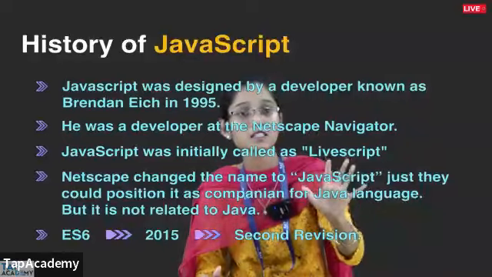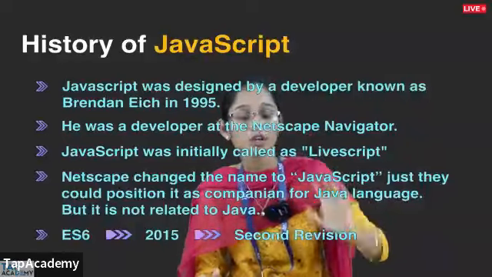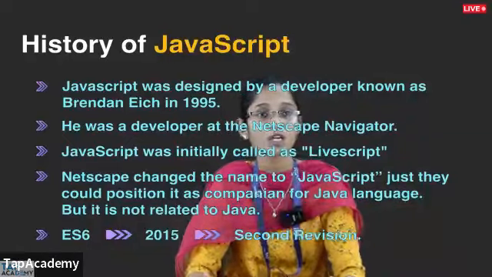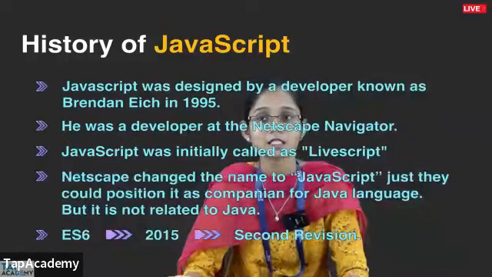This is a basic history of JavaScript. So I hope the basic ideology about JavaScript is clear to everyone. First, what is JavaScript? Second, why you have to learn JavaScript and its importance. And third, the basic history of JavaScript.